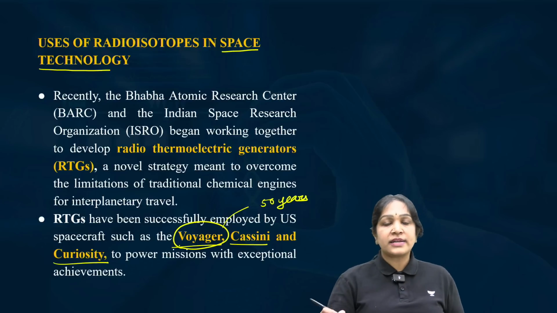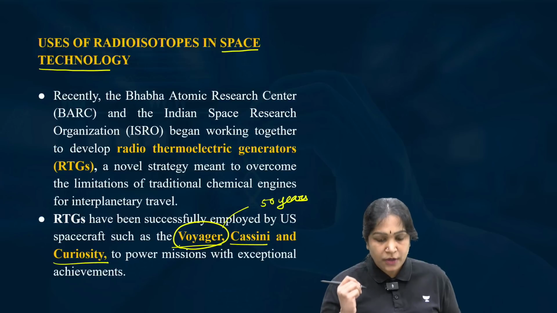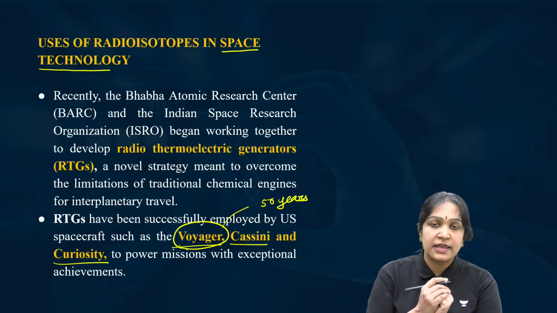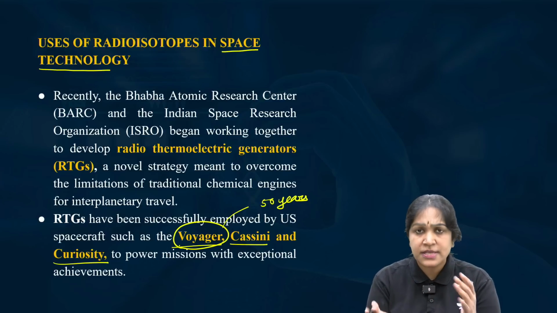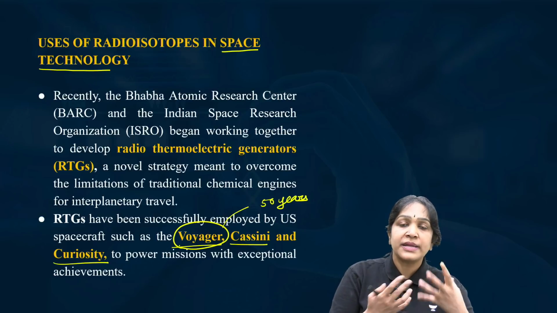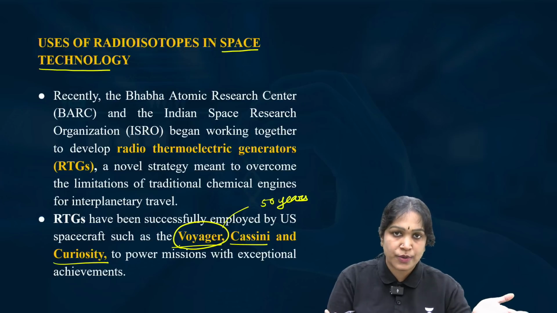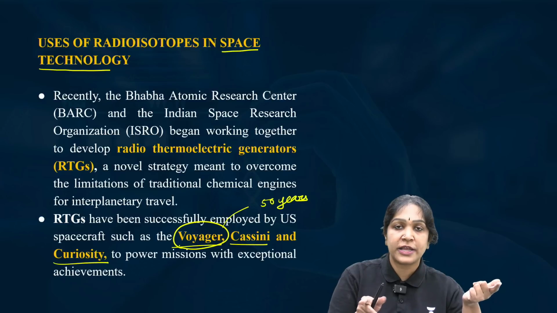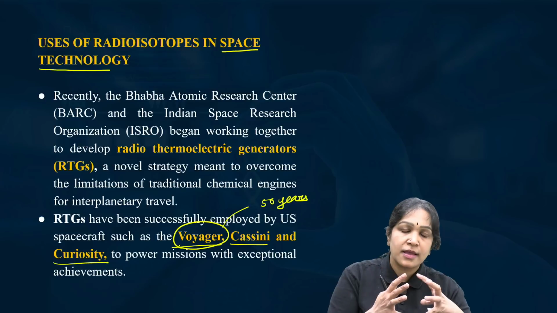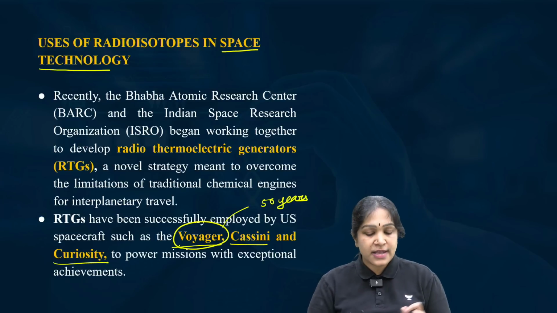The same way, ISRO is also trying to use radioactivity in the spacecraft as a fuel, because if we use any solid fuel or liquid fuel, we can only keep a limited amount of fuel in the spacecraft, so it cannot support the space mission for decades together. So the better source is radioactivity. ISRO and BARC, Bhabha Atomic Research Centre, both together are trying to develop a rocket that can run with radioactivity as a fuel.